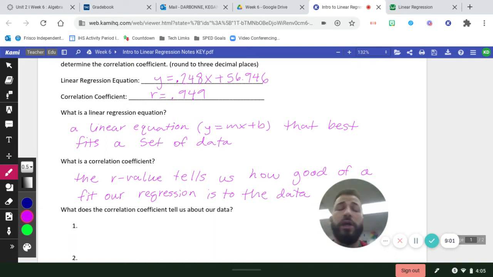A really good R value means we have a really good fit to the data. A really bad R value means we have a very bad fit to the data.